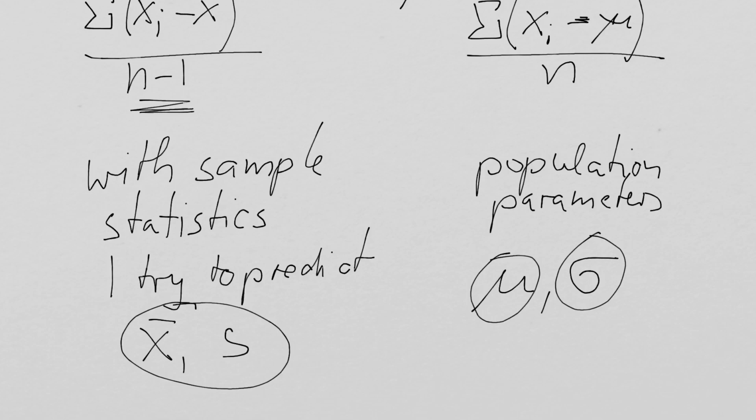So I need to make the trap big enough so that the mouse gets in and is safe. I don't want to make it too big because otherwise I would waste material. So how do I know how big I have to make this trap? Well, to be absolutely 100% sure, I would have to catch all the house mice in Britain, so that I know how big I have to make the trap.